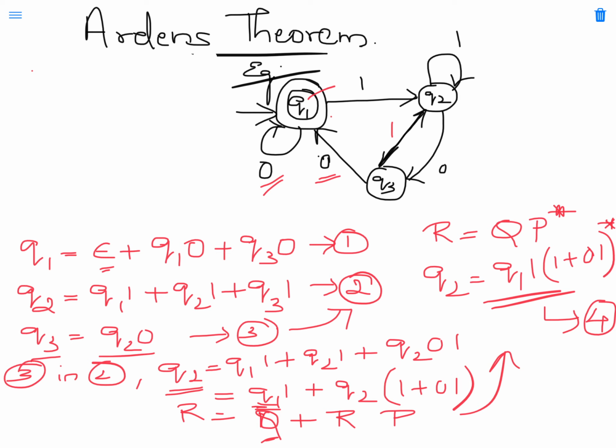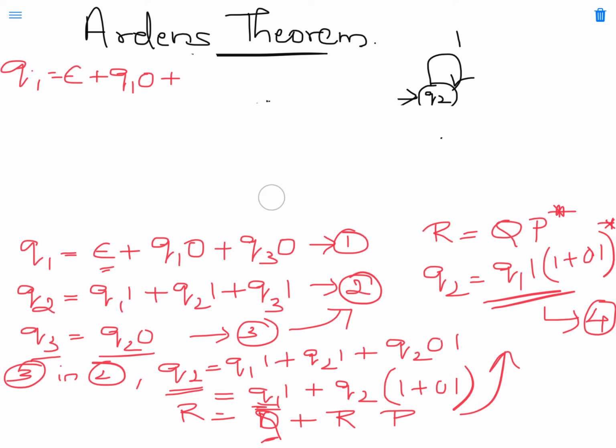So Q3 in Q1, how can you write? Q1 is equal to epsilon plus Q1 0 plus, what is the value of Q3?